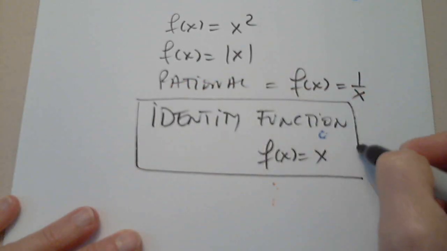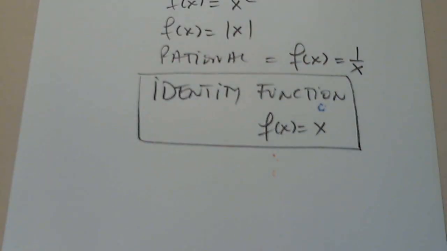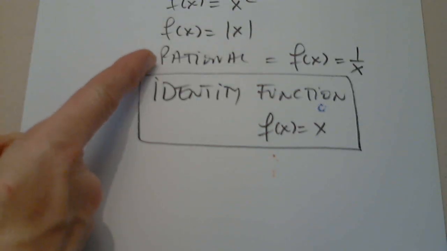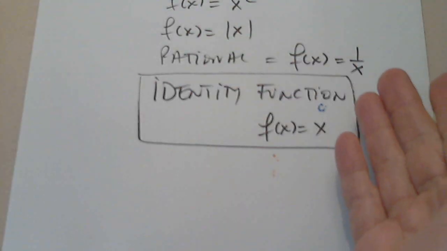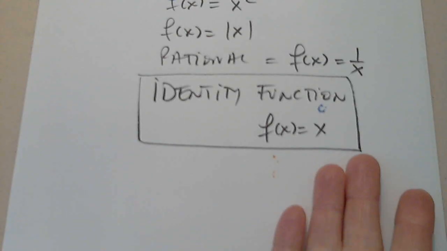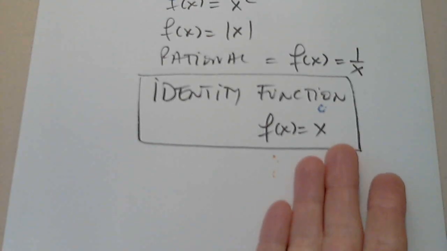This is called the identity, y equals x. Identical. X and y are identical. That's the identity function. Okay, so this is quadratic, absolute value, the simplest rational, which we're not going to graph in this class. It's one of the most sophisticated graphs. And the identity, which is very simple, the linear function.